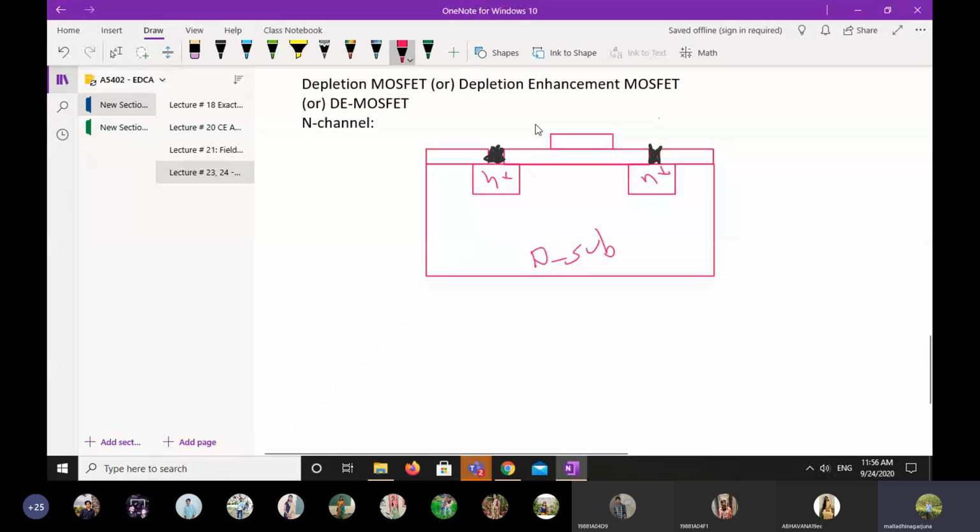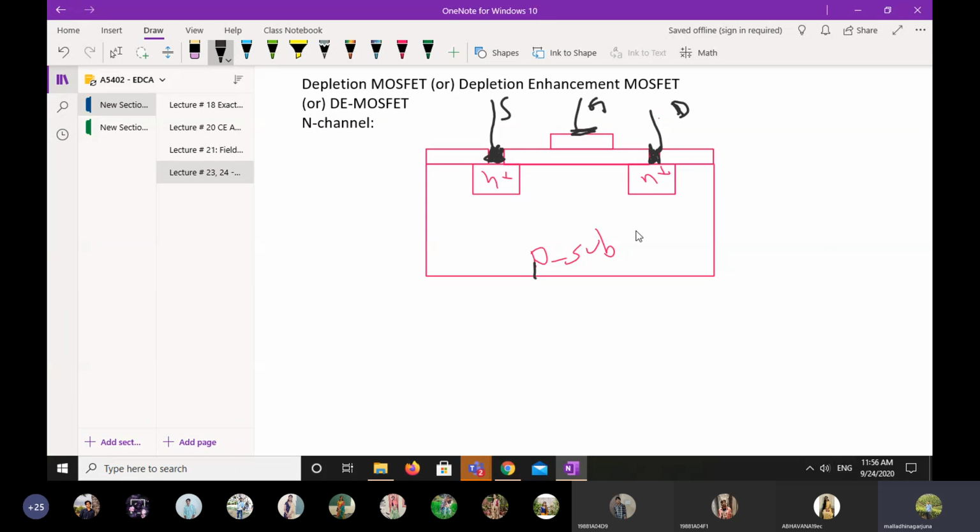This is gate. Source, gate, drain. So this is the depletion MOSFET.